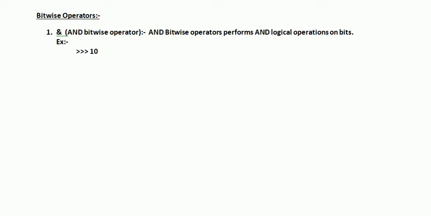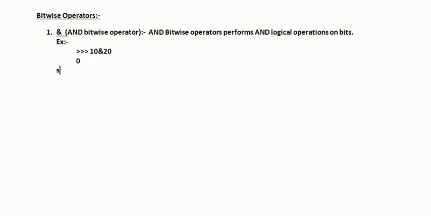If we want to AND two numbers, 10 and 20, then the resultant value will be 0. So how does this happen? For this there are certain steps.